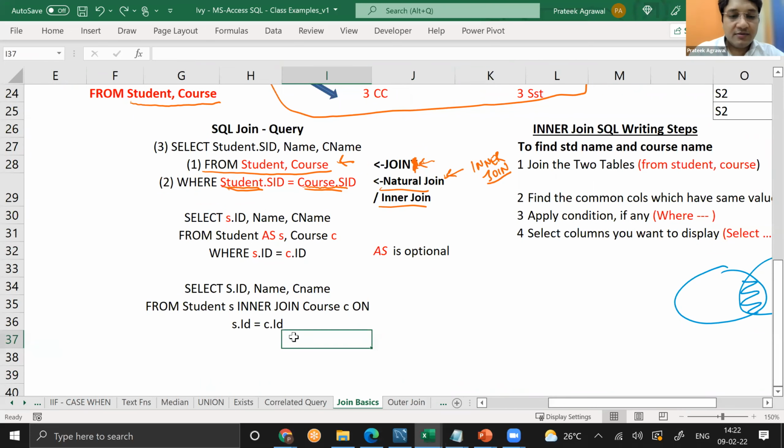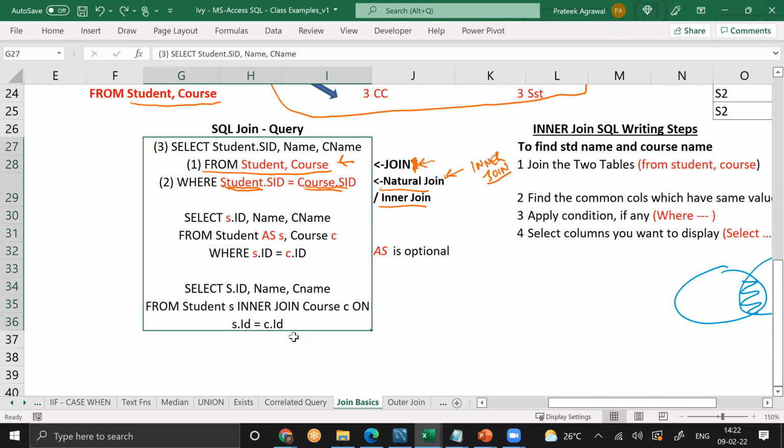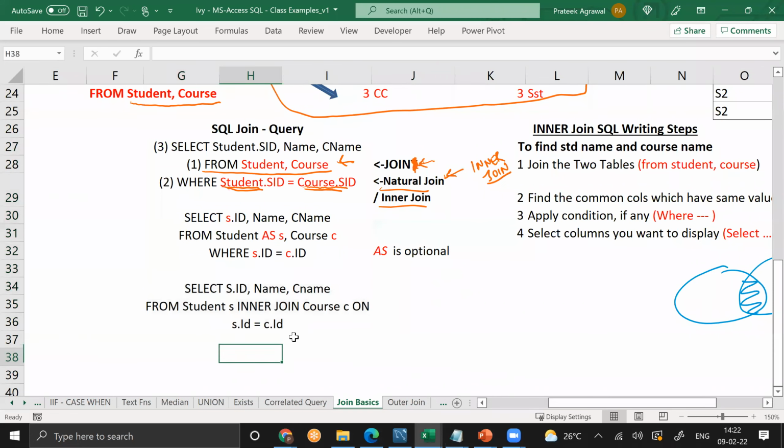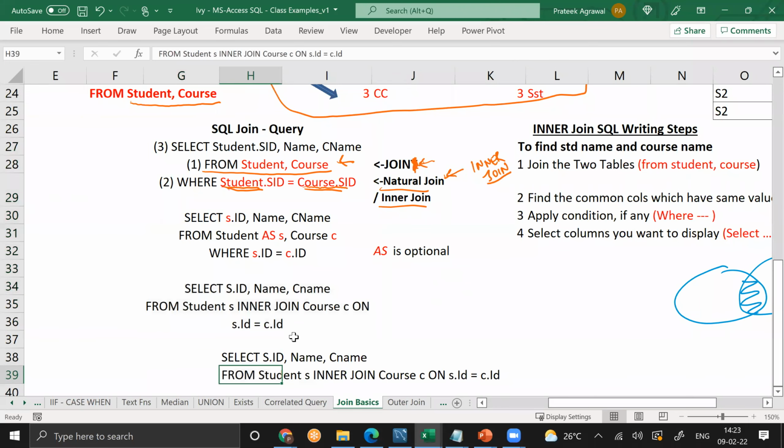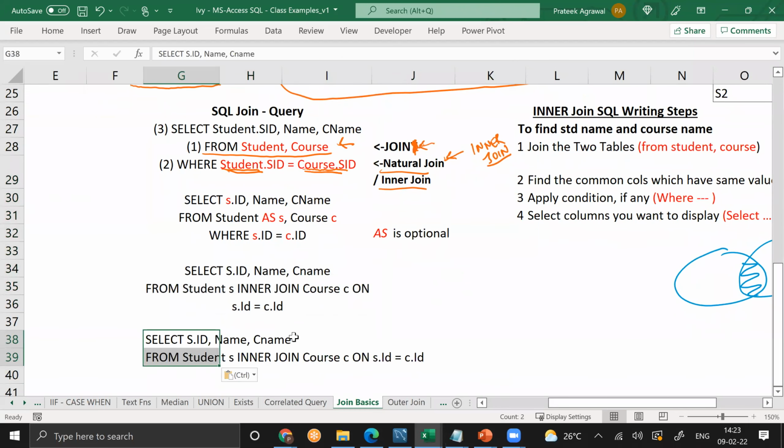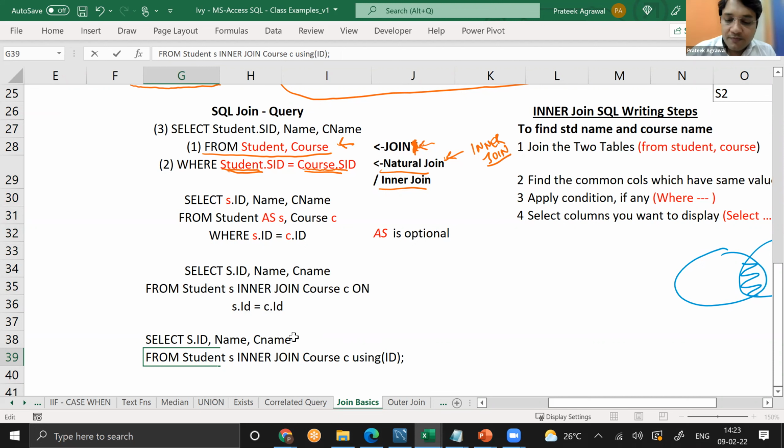So basically, while using the earlier two methods, we may have different column names.